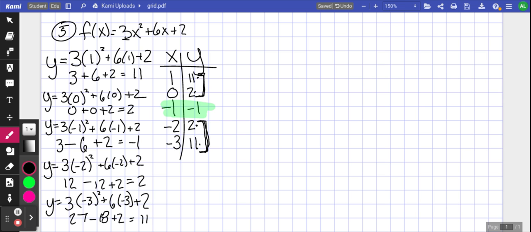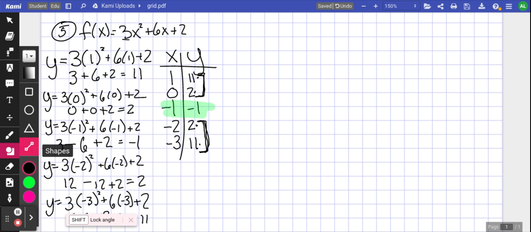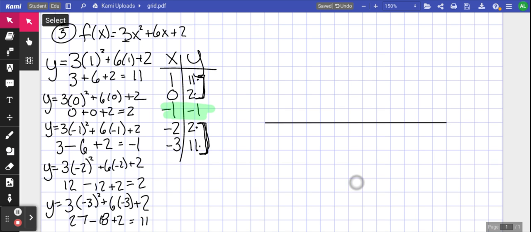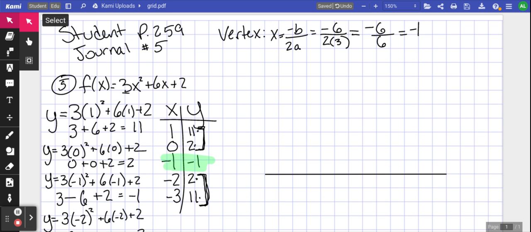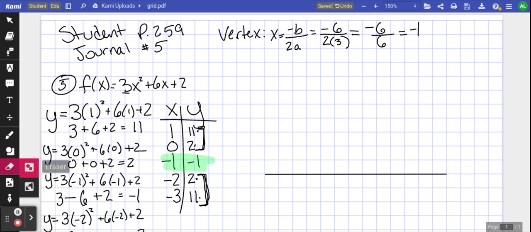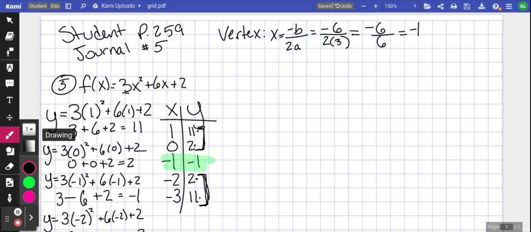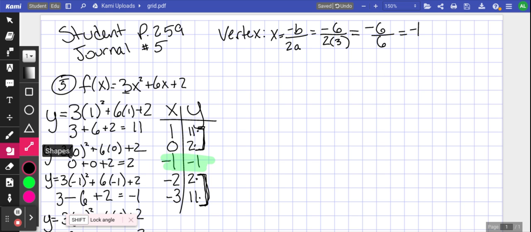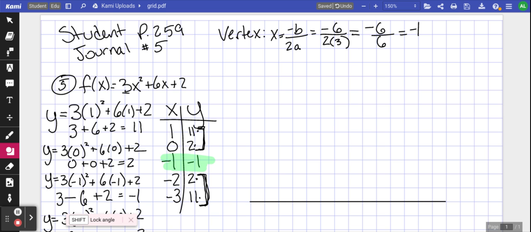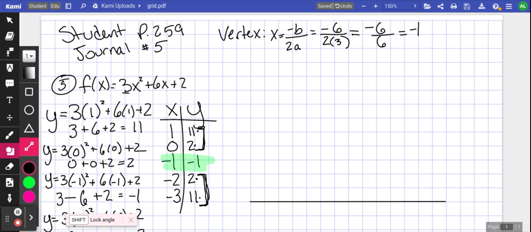I'm going to draw some actual lines here. Let's make this not so messy. Got my x-axis, and let me scroll up a little bit so I have plenty of room on my y. Actually, I might move that down so I know I have room. Okay, so there's my x-axis. And then let's make this my y.